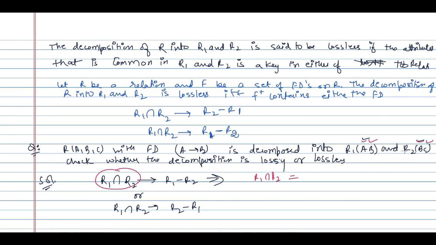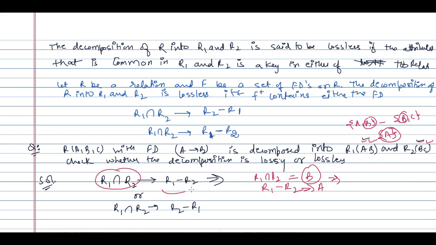It gives us B, the common attribute. And what is R1 minus R2? A, B minus B, C: we subtract the common values, so it gives us A. So R1 minus R2 is A.